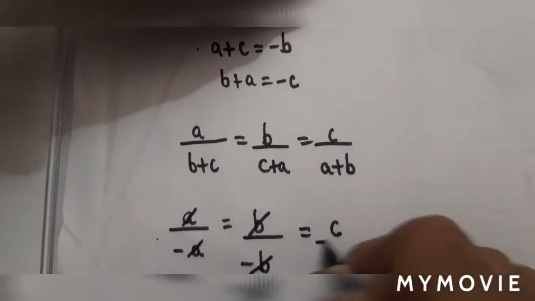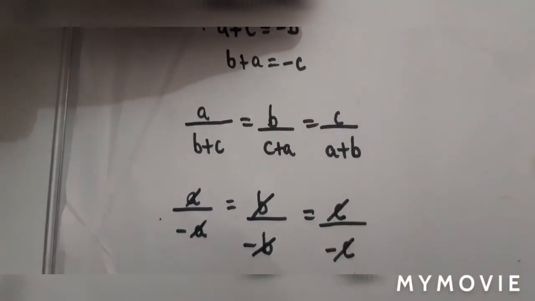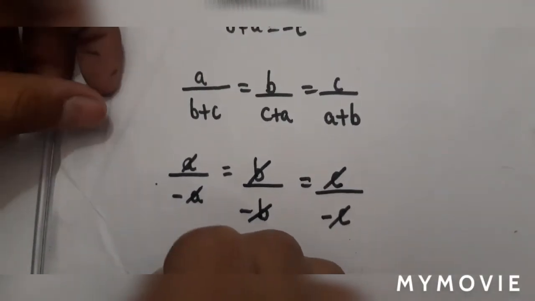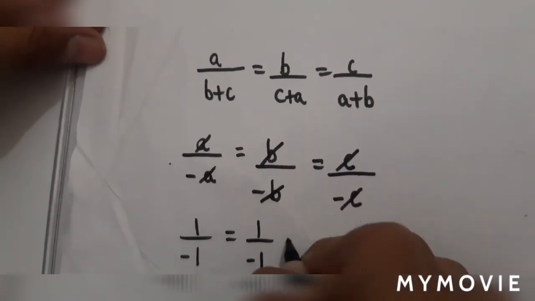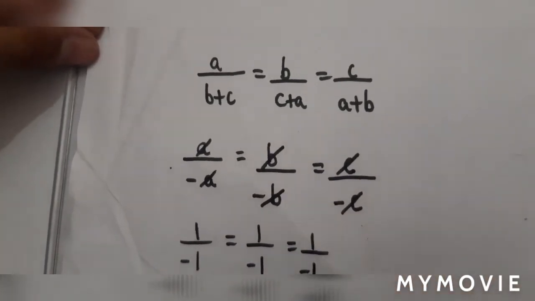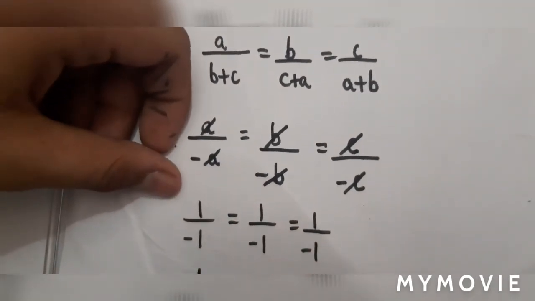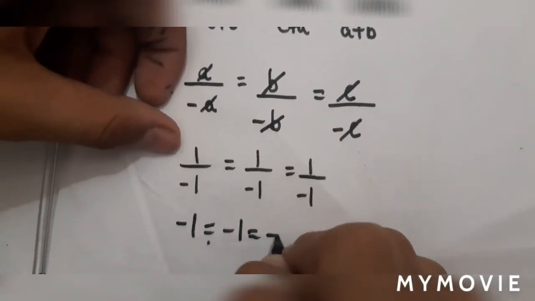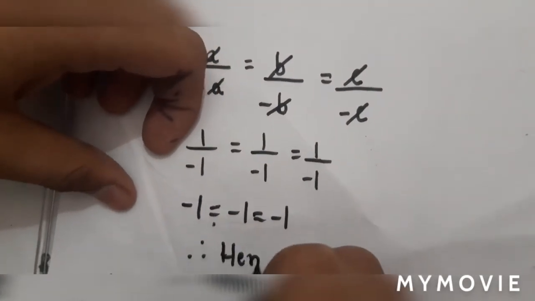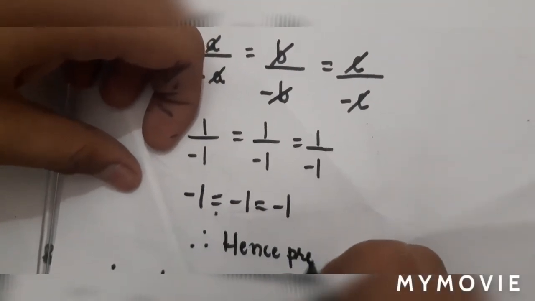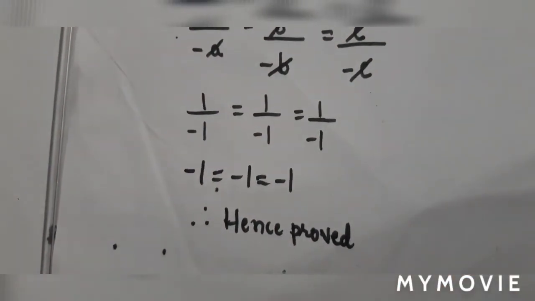And A plus B is equals to minus C, so C by minus C cancel. So you will get the answer 1 by minus 1 is equals to 1 by minus 1 is equals to 1 by minus 1. So if you take minus up, you will get minus 1 is equals to minus 1 is equals to minus 1. So therefore, hence proved. So friends, our third question also completed.